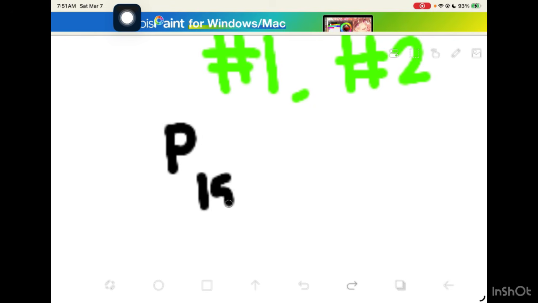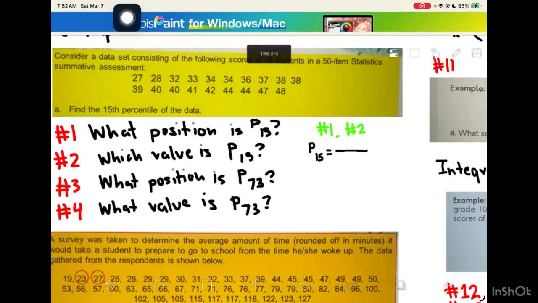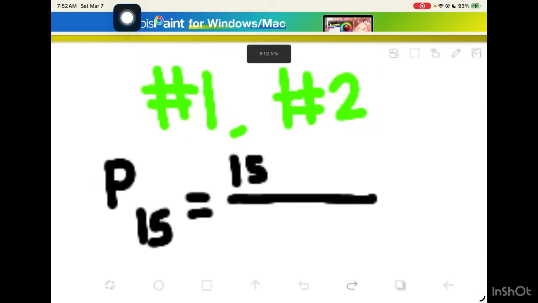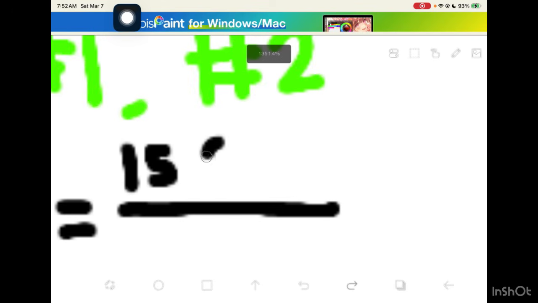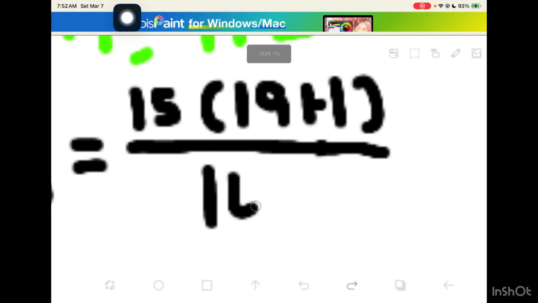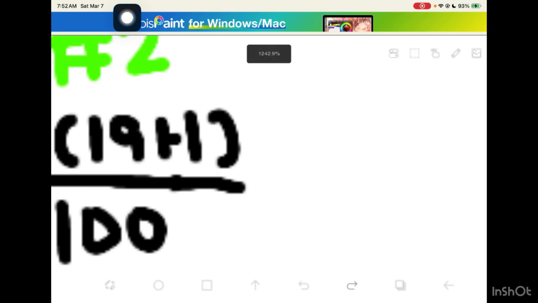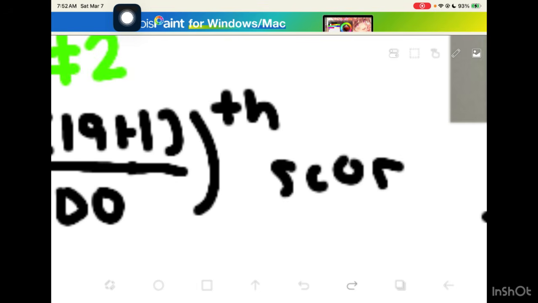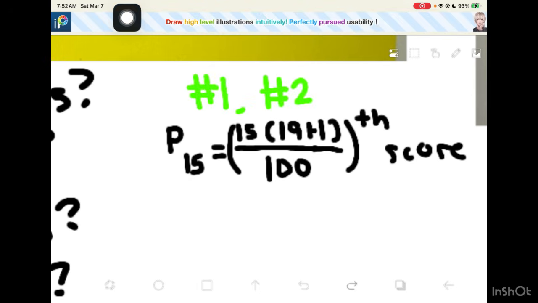P of 15 is equal to 15 times 19 plus 1 over 100. Okay, and then when you put this part into the calculator, you get 15 times 20 over 100, which is the third score.